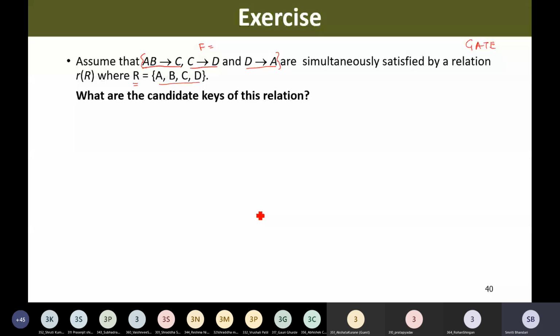The question is, what are the candidate keys of this relation? How are we going to compute the candidate keys? Let us see the solution.